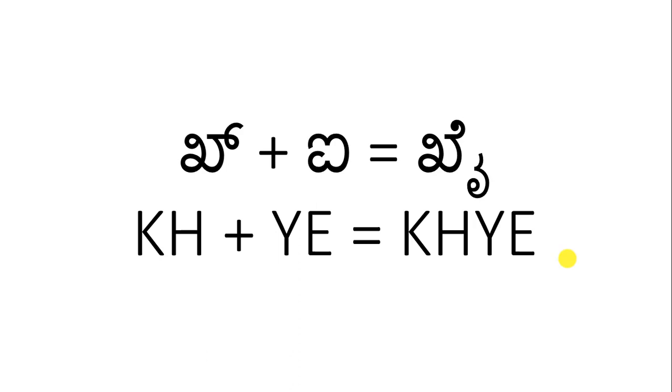Now let us see the next sound, Khay, okay, Khay. The sound Khay is obtained when you add I to k. When you add I to k, you get Khay, okay, Khay. Once again, no examples in English, so let us see how to write it.